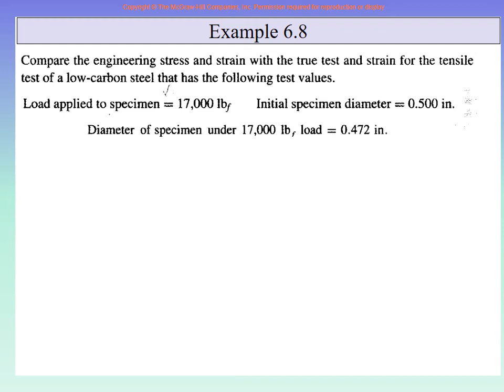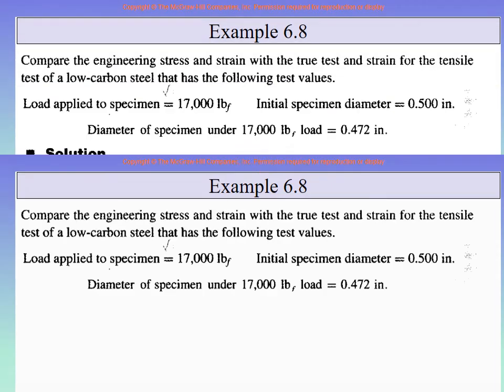And Li upon L naught, can you write it in areas? Yes. Li upon L naught is A naught upon Ai. So you see, this is the beauty of simple math. First, a basic law of conservation of mass, which also means conservation of volume. Once you apply that, and then simple arithmetic, initial volume is equal to final volume. So now you can solve all.